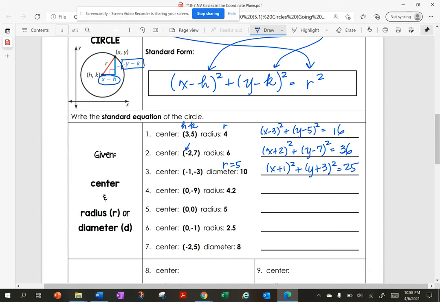Okay, we don't usually write minus 0. So when I have an x or y coordinate of 0, I just write it as x squared plus y plus 9 squared, and 4.2 squared is 17.64. Okay, h and k are both 0. This is just going to be x squared plus y squared equals 25.